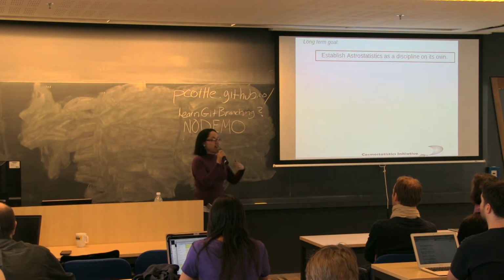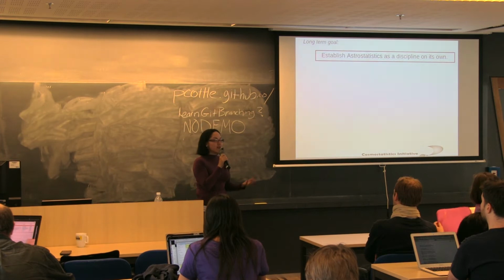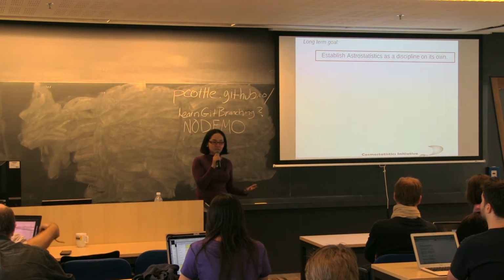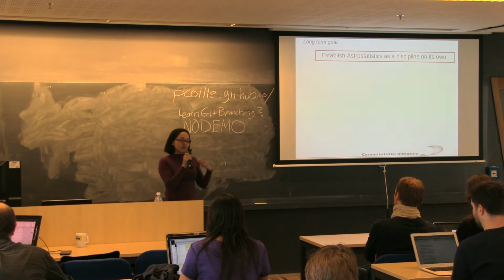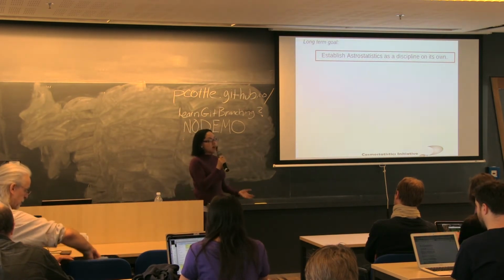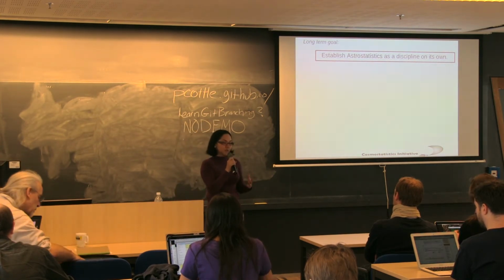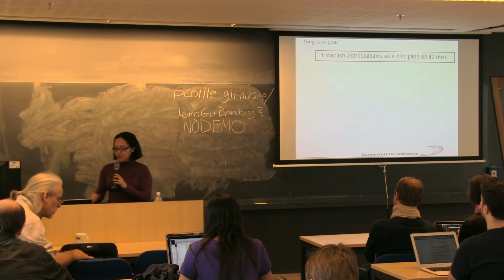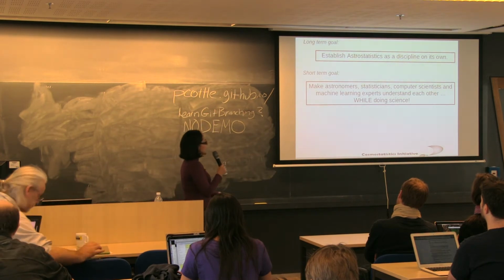We think that at the end of the tunnel, we should have astrostatistics PhD programs and institutes, which would enable astronomers to work very closely with statisticians, and not only use the tools that statisticians develop, but present astronomical problems that the statisticians are not very familiar with, and use that to develop new statistical methods as well. But this is the end of the tunnel. We are only one year old, so actually our short-term goal is just to make them understand each other.